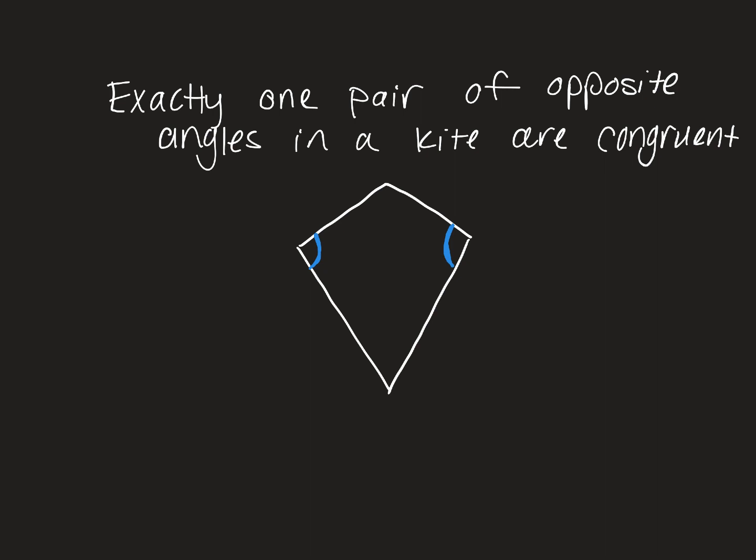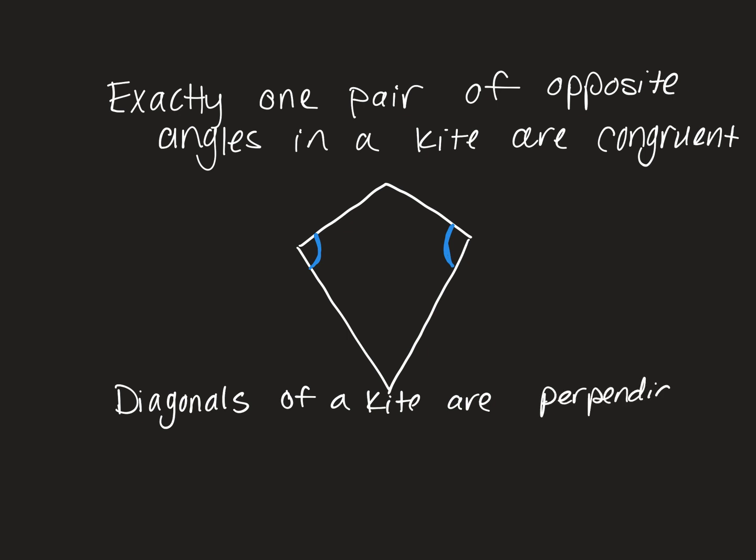All right, we also know that the diagonals of a kite are perpendicular. So again, our diagonals here and here are going to form a right angle.